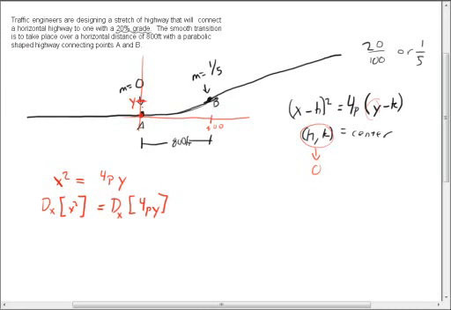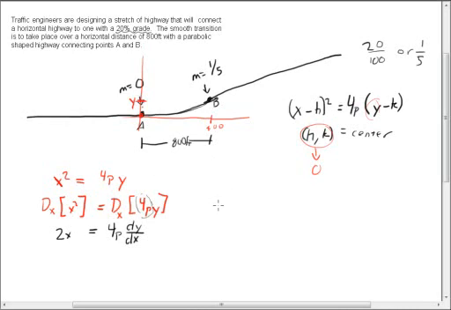We know that this is a constant here, this term is constant, so we can pull that out. But we have 2x is equal to 4p dy/dx.